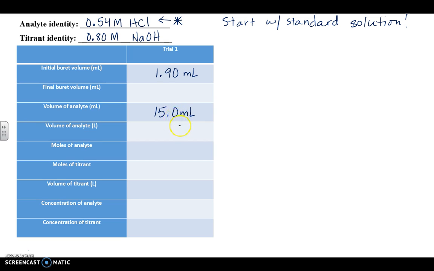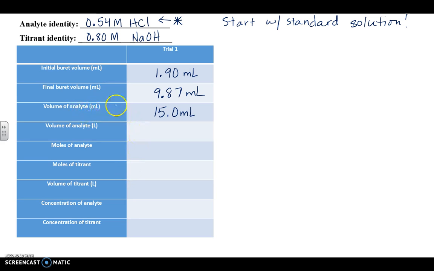So I've got 15.0 milliliters of my analyte, and 1.90 milliliters in my burette, and I start my titration, and I get to that nice pretty pink color, and I stop, and let's say that this is 9.87 milliliters. I'm just making up numbers, right?